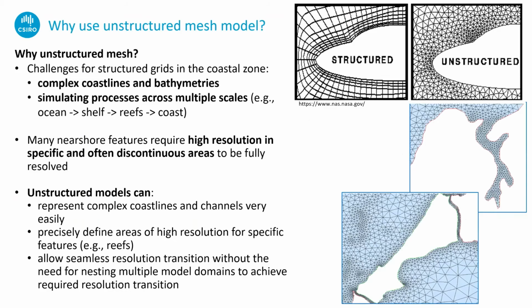I just wanted to spend a couple of minutes explaining why that's important. In the top image here, this is supposed to be an island, and you can see structured grids made up of rectangles and squares. It can be quite challenging for these models to produce a good grid where there are complex coastlines and bathymetries, and across multiple scales. Whereas we adopt SCHISM, which is an unstructured mesh.